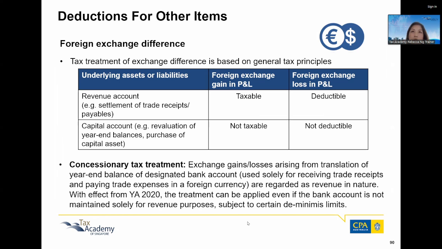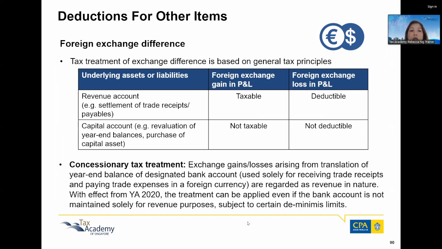Because you use the bank account to purchase assets, to receive capital receipts, to make trade payments, and to receive trade receipts. If all these are lumped together in one bank account, it has capital and revenue in nature. So that is why a bank account will usually be regarded as capital in nature. Any foreign exchange differences arising from the bank account will be regarded as capital in nature.